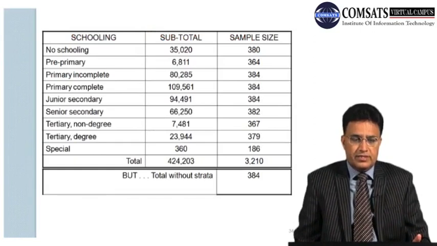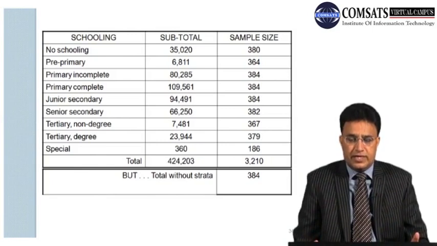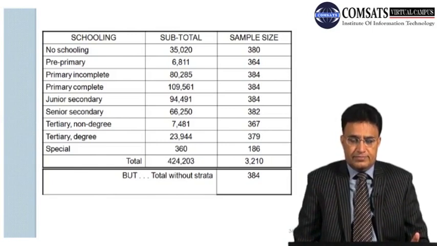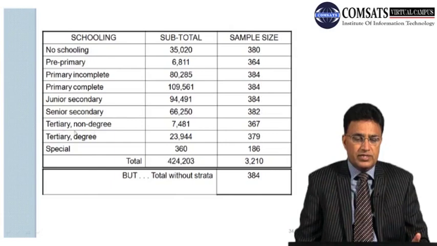Look at this. These are the schooling levels, and you have the subtotal and sample size required. So no schooling, and pre-primary and primary incomplete and primary complete and junior secondary and senior secondary and tertiary non-degree and tertiary degree.